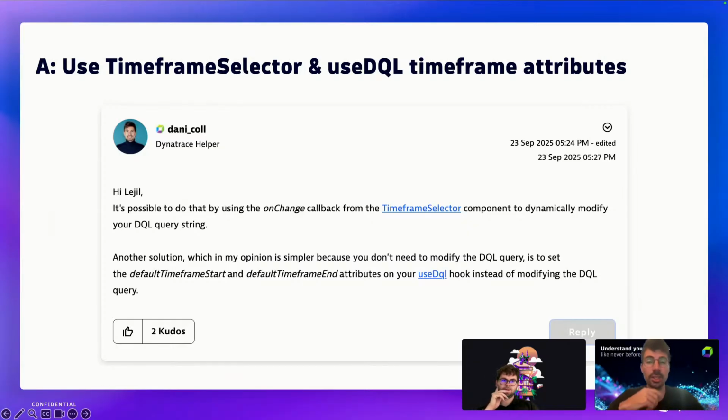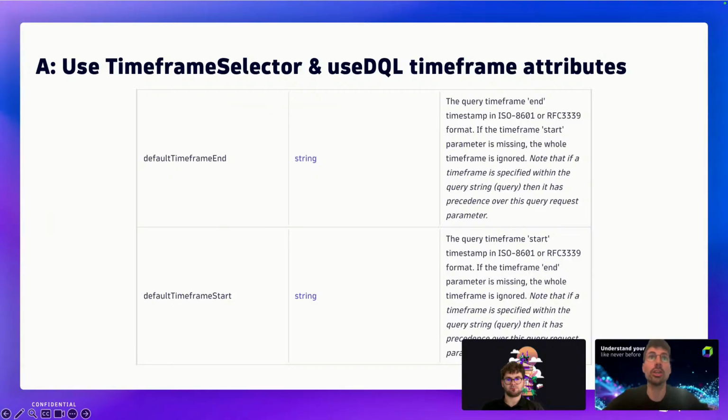In this case, the useDQL hook can accept the query itself, but it's simpler if you don't need to tweak the DQL string and you use the defaultTimeframeStart and defaultTimeframeEnd attributes from useDQL, because then you don't need to play around with strings and you have the parameters separated: on one side the timeframe, and on the other side the strings.